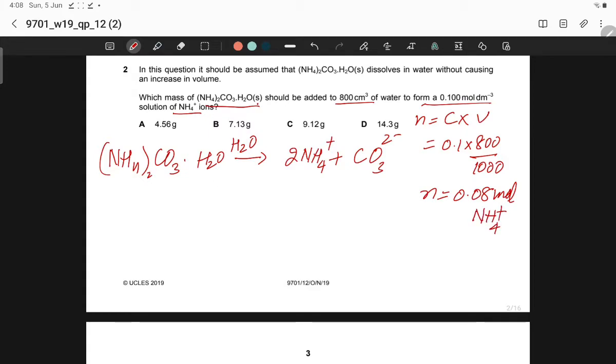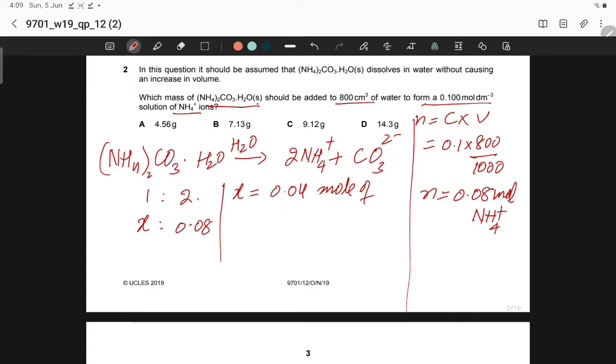So mole ratio 1:2, x ratio 0.08. So x is equal to 0.04 mole of ammonium carbonate dot H2O.